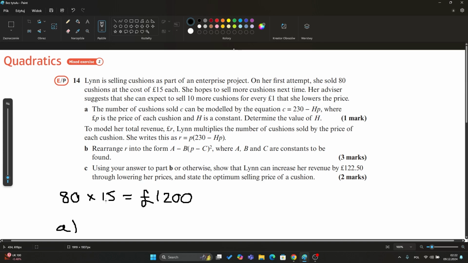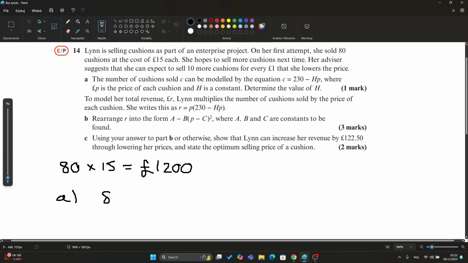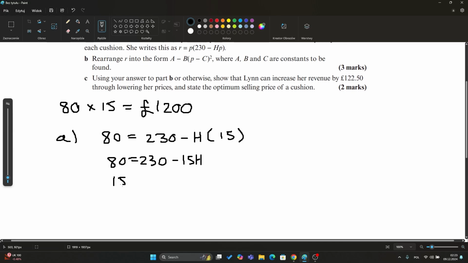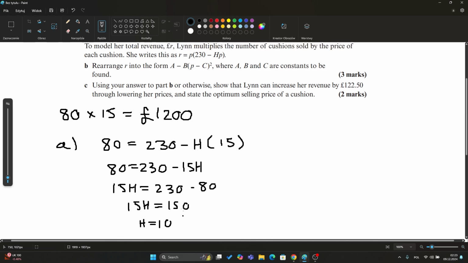We have information that she sold 80 cushions, so 80 equals 230 minus H times P, and P is the price, which is 15. So 80 equals 230 minus 15H, and 15H equals 230 minus 80, and 15H is equal to 150, so H equals 10.